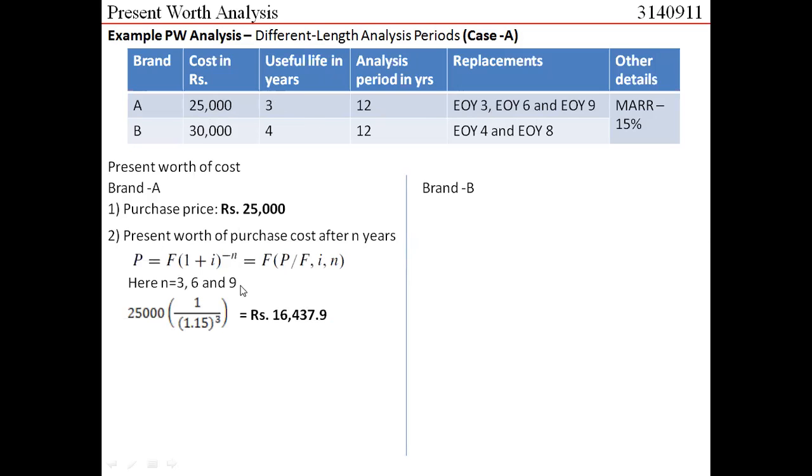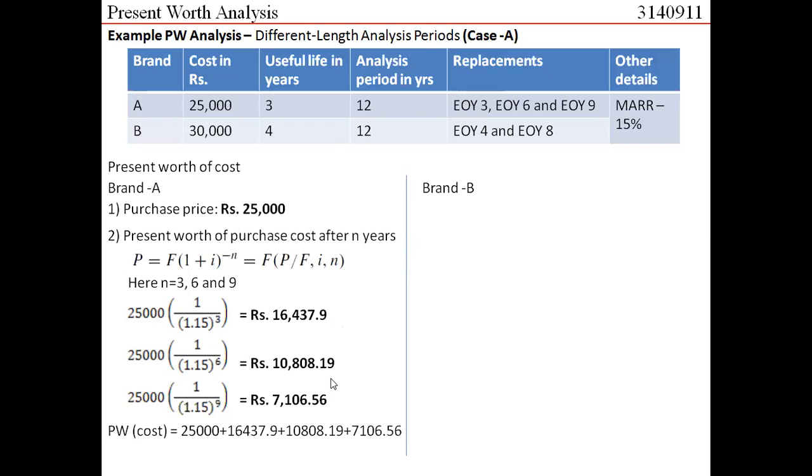So the first replacement after 3 years would be 25,000 times 1 upon 1.15 raised to the power 3, whose present worth is somewhere around this. This is after 6, and this is after 9 years. Right? So if I try to calculate the present worth of cost, then 25,000 is my present investment.